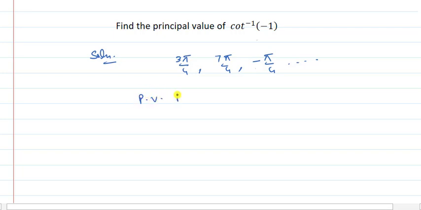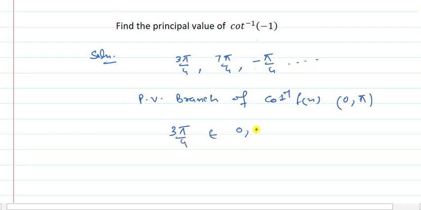But let us recall principal value branch of cot inverse function, and you know it is 0 to pi open interval. Now we need to find out which angle is lying between this range. So clearly 3 pi upon 4 belongs to 0 to pi open interval.